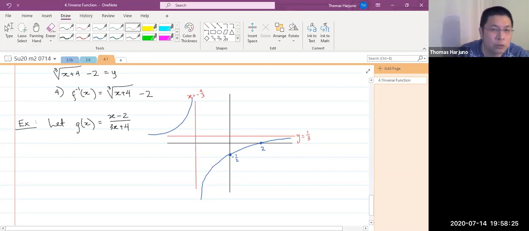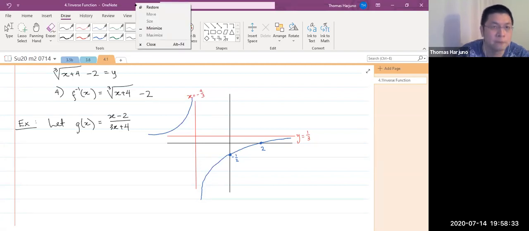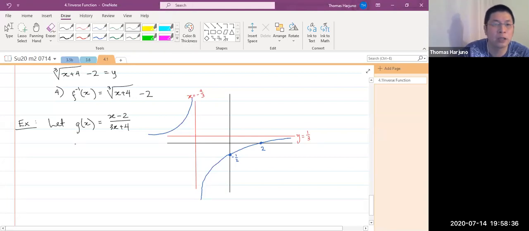Now, of course, if I ask you to find the inverse function, you have to assume that it is a one-to-one function. That's how we can get the inverse function. Now, then, what is the domain here? The domain of this function is all real numbers except negative 4/3, right?